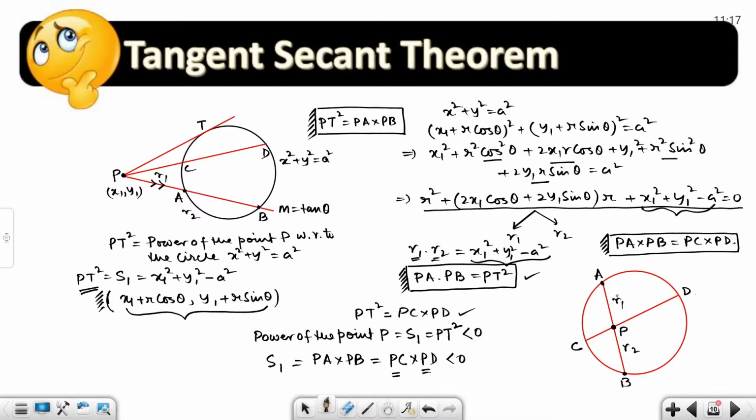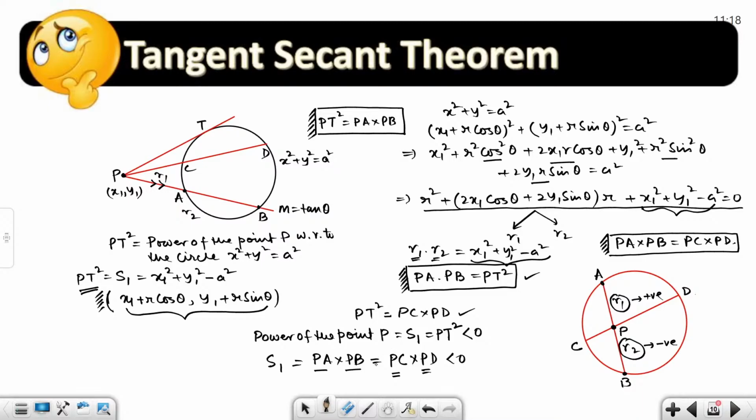That is, if R1 is considered to be positive, then your R2 will be considered as negative. So in that case also, your PA into PB, when we are considering the fact in parametric form, we can see that yes, it is possible that this product is coming to negative, because these 2 points A and B are on two opposite ends of P. Am I correct?